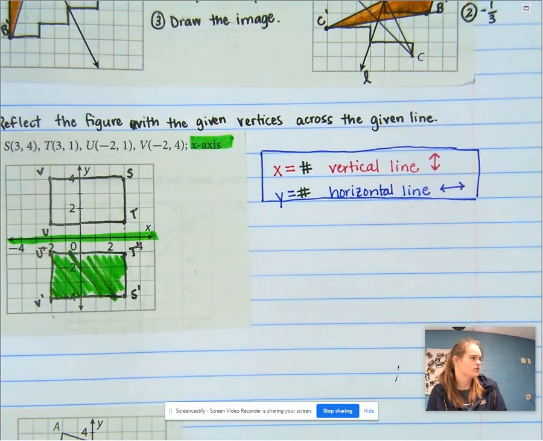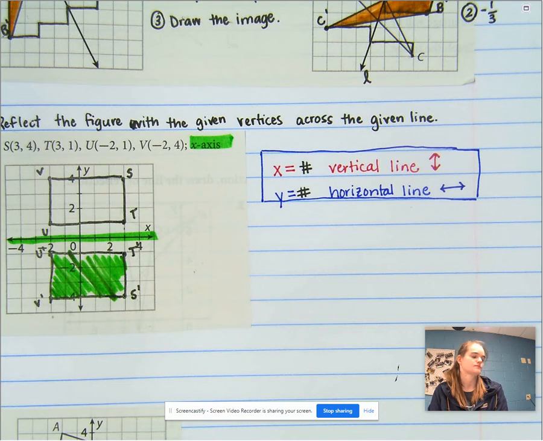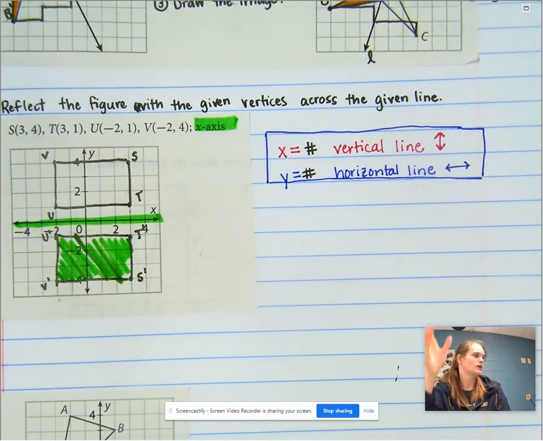All right, we're going to do one more example. Number 12.